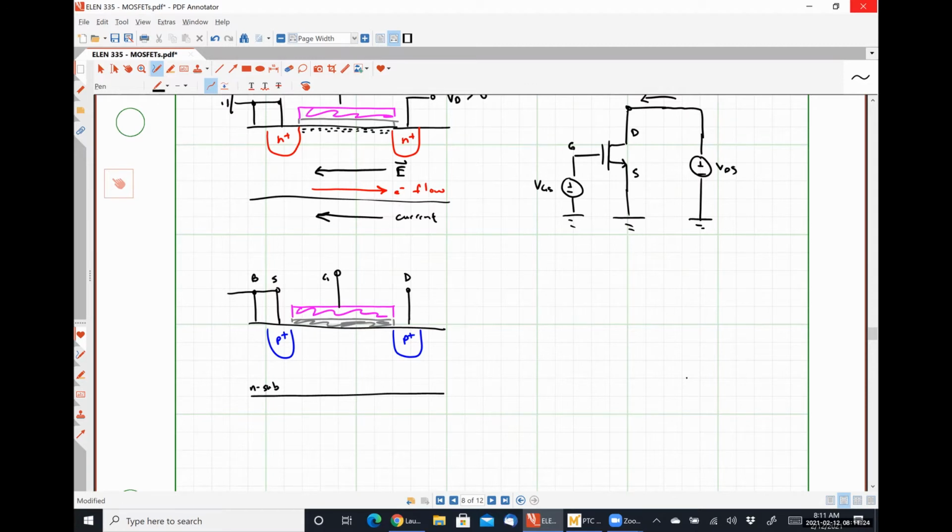For our NMOS transistor we had a P-type substrate, so for our PMOS transistor we have an N substrate, meaning we have an excess of electrons that we need to drive away from the channel, okay? So how are we going to accomplish that?